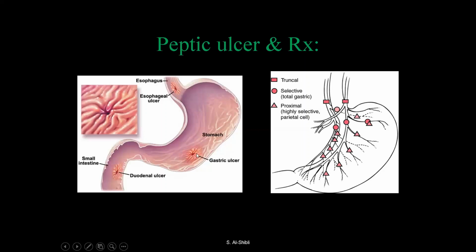Peptic ulcer is said to be because of derangement in the autonomic nervous system, mainly due to an increase in the parasympathetic, because the parasympathetic is responsible for secretion. Whenever you have secretion in your body, there must be plenty of parasympathetic stimulation.